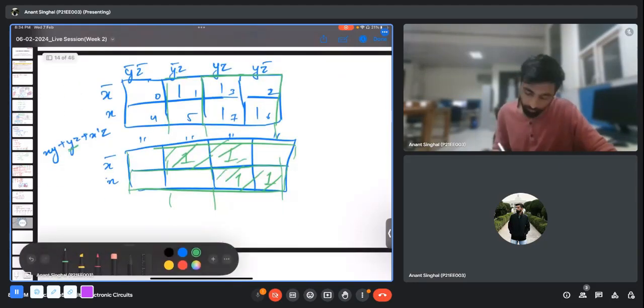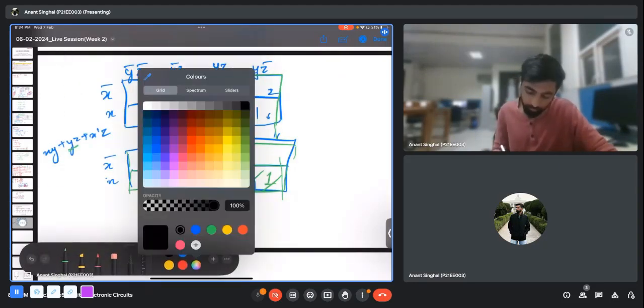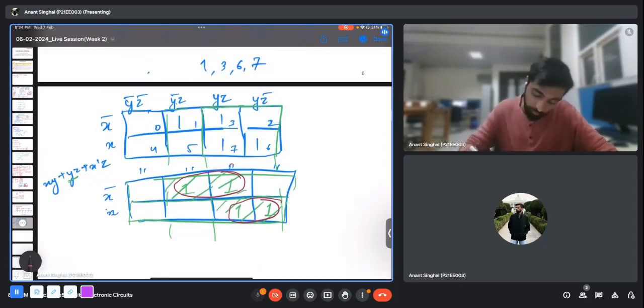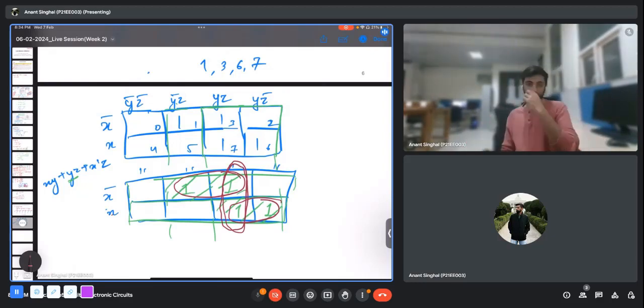So now we need to make either quads or pairs. If I can make a pair here and a pair here, everything will be covered. The problem in this question was that there was an additional redundant term, which I also taught in the previous problem, that we should avoid taking these redundant terms, because it results not in simplification but in more computational power.